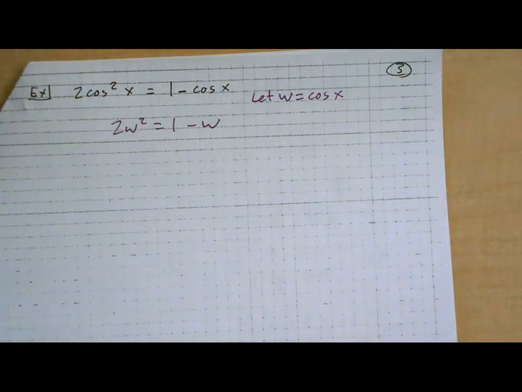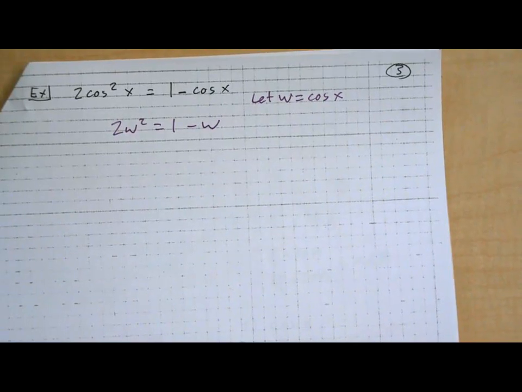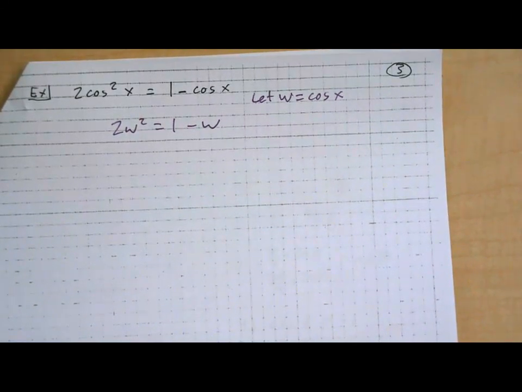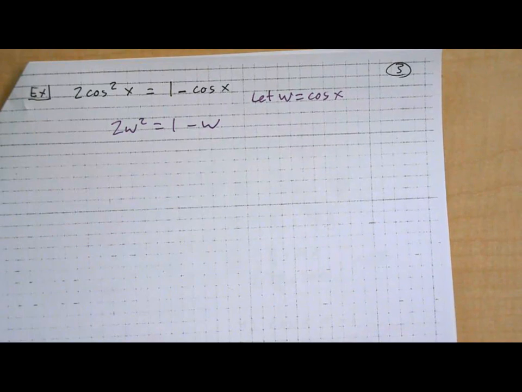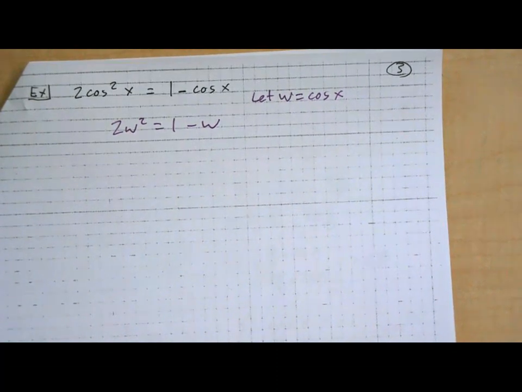How do we solve quadratics? We've got three different options I can think of. Completing the square, which I don't like doing that much. I don't know why, I just got a block against it. The quadratic formula, in which you have to have a 0 on one side, or factoring, which also needs a 0 on one side. Let's get a 0 on one side and see if we can factor it.